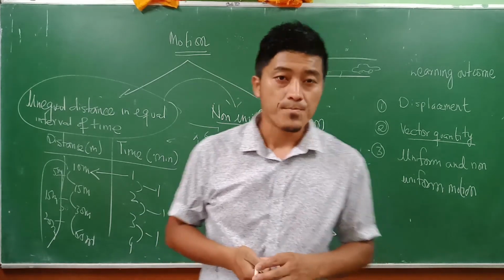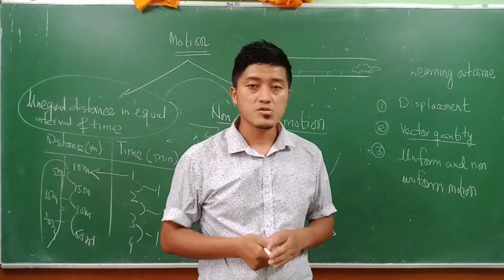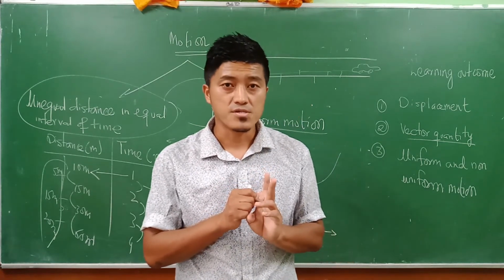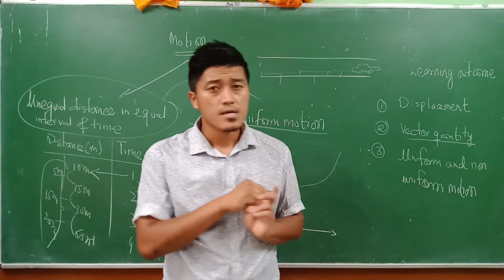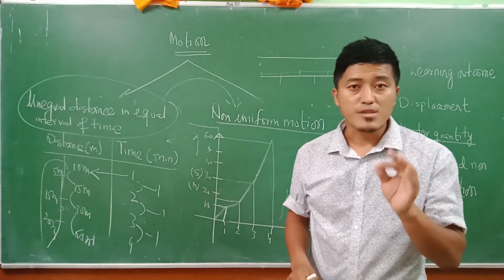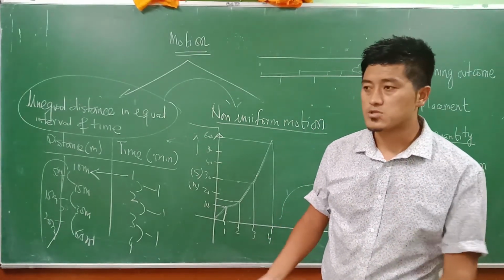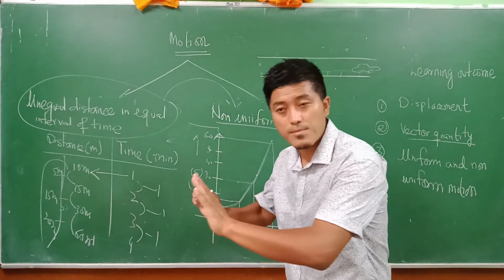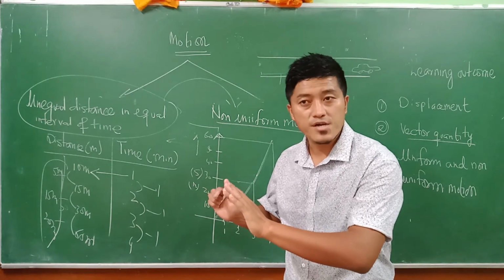Third, vector quantity. A physical quantity is either a scalar quantity or a vector quantity. A vector quantity has both direction and magnitude. For example, force. Let's say the magnitude of the force is 30 newton.